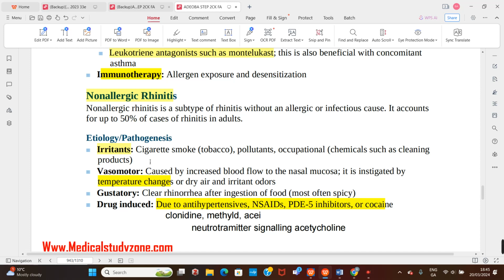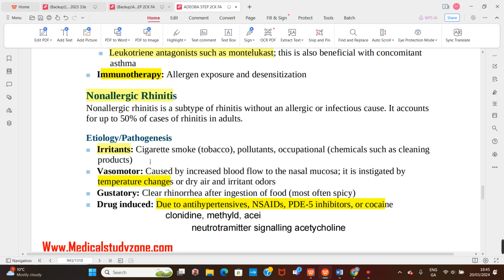It can be drug induced. Some particular drugs, particularly the antihypertensives, like clonidine, methyldopa, ACE inhibitors, cocaine, NSAIDs, and PDE5 inhibitors. So just think about all those, sildenafil, tadalafil, NSAIDs, antihypertensives, cocaine.